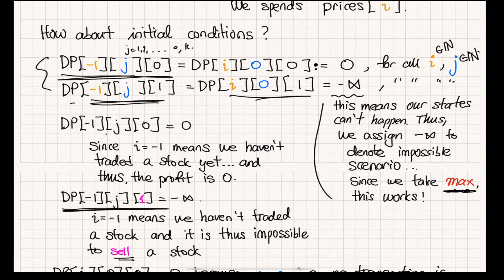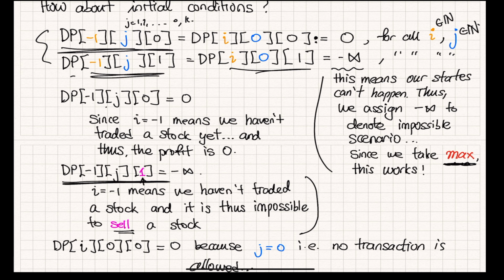Like this guy, dp of -1 comma j comma 1. Now remember, i equals negative 1 means we haven't traded a stock, and then it is impossible to sell a stock. We have a 1 here. That means we sell a stock, right? But we have i equals negative 1, and this is impossible to happen, right? So that's why we set that equal to negative infinity.